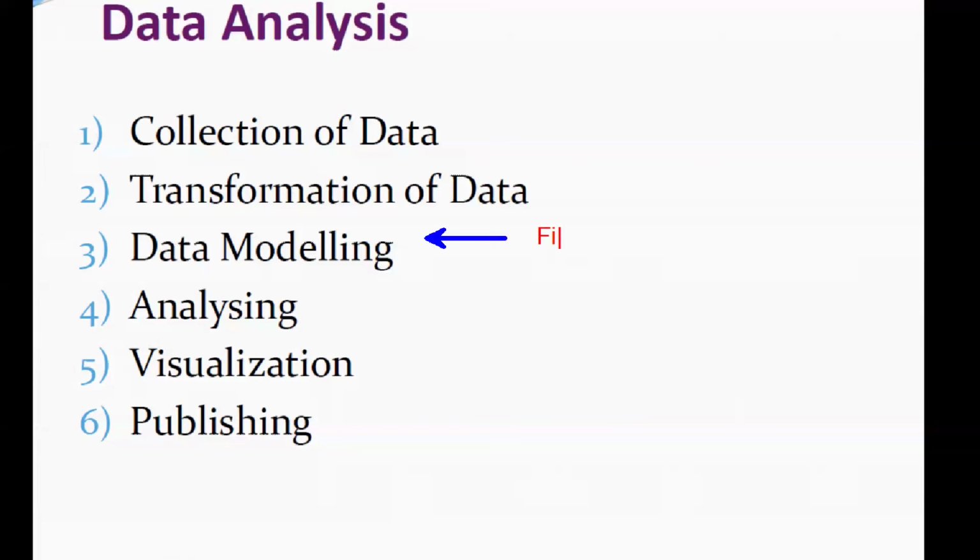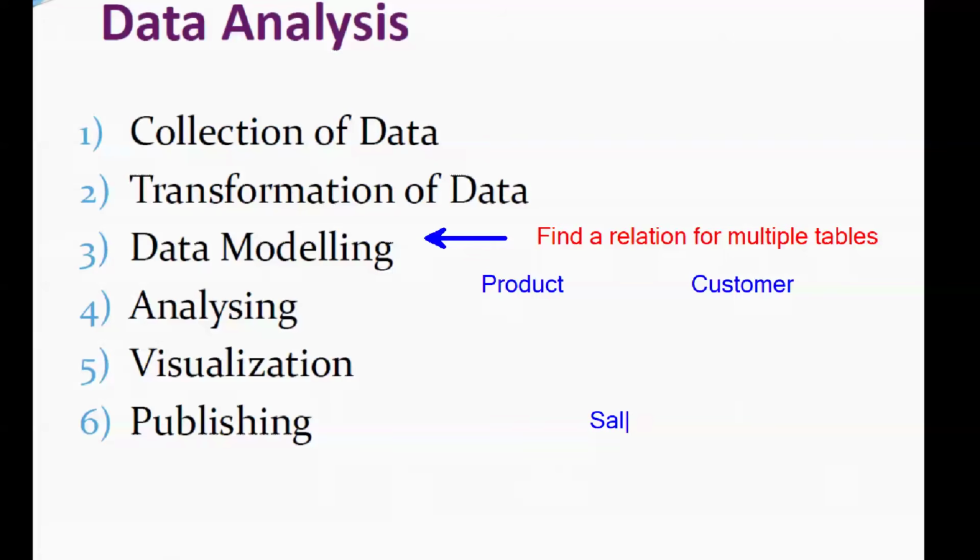We can find a relation for multiple tables. If you remember, we discussed some examples, right? Yes or no? One is the product table, and the customer table, and we have a sales table. We have three tables here.